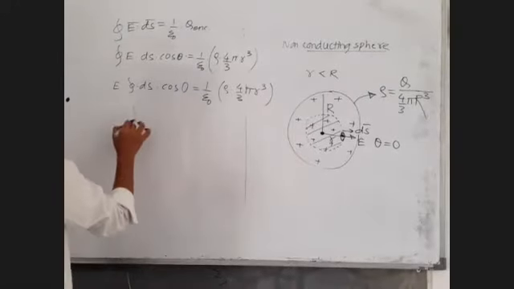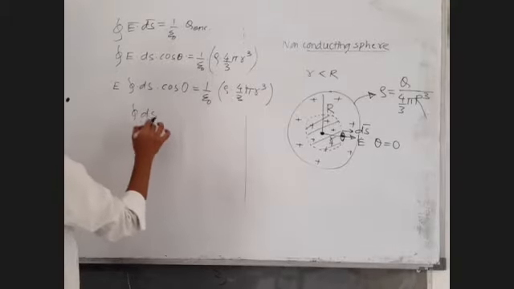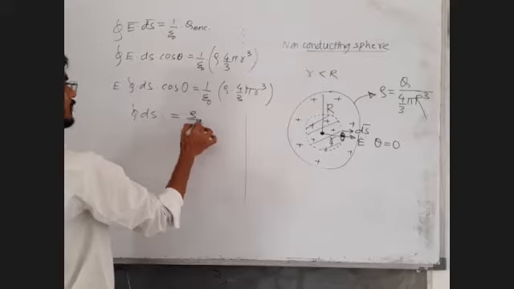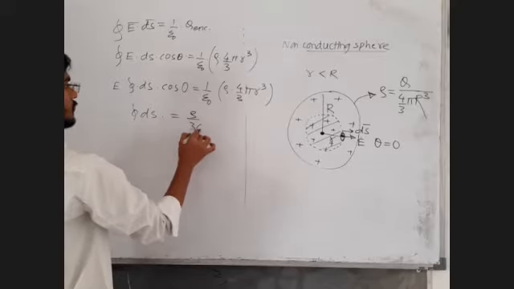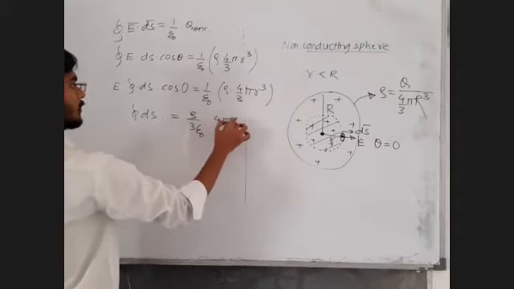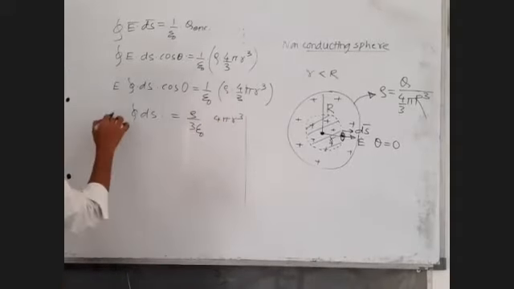Cos 0 is plus 1, no need to worry about it. Rho upon 3 epsilon 0, again the same rearrangement: 4 pi r cube, E as it is.